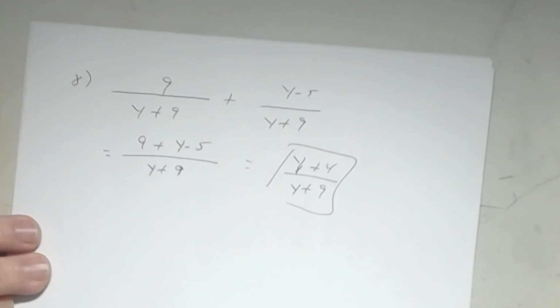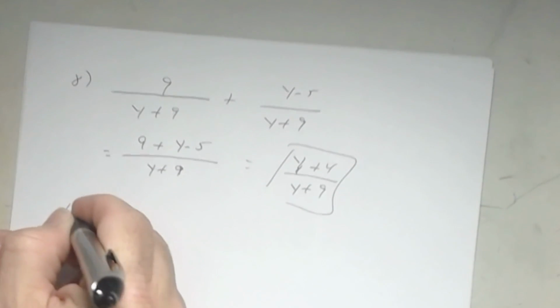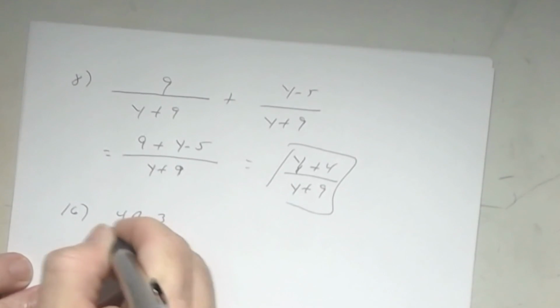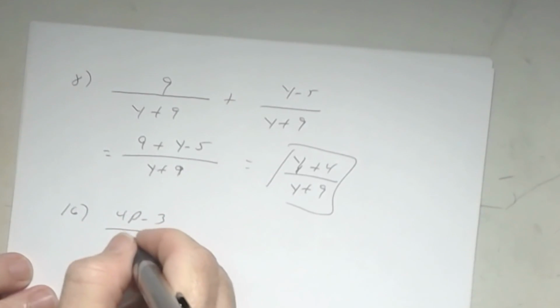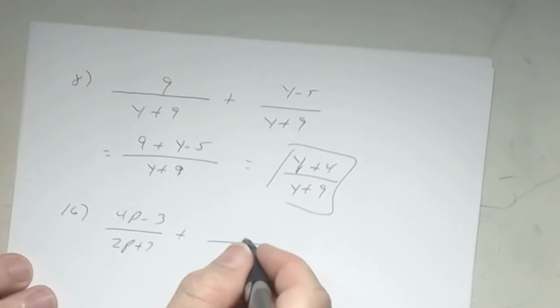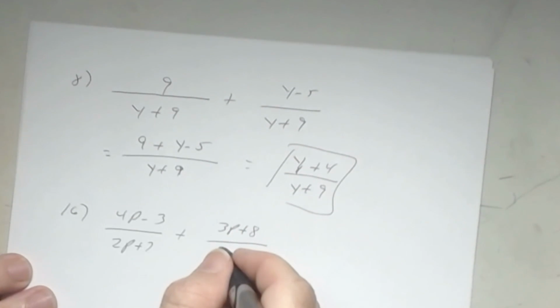All right. Let's look at 16. So 16, you have 4p minus 3 divided by 2p plus 7 plus 3p plus 8 divided by 2p plus 7.